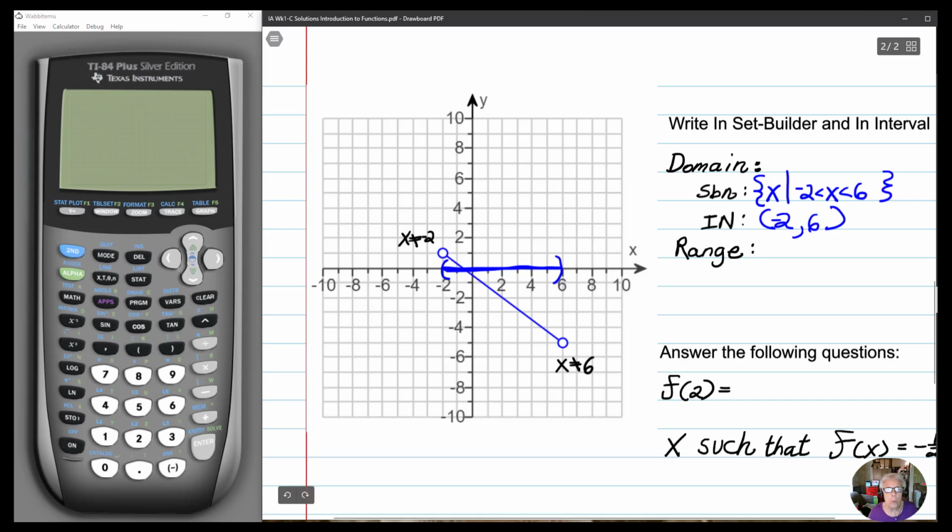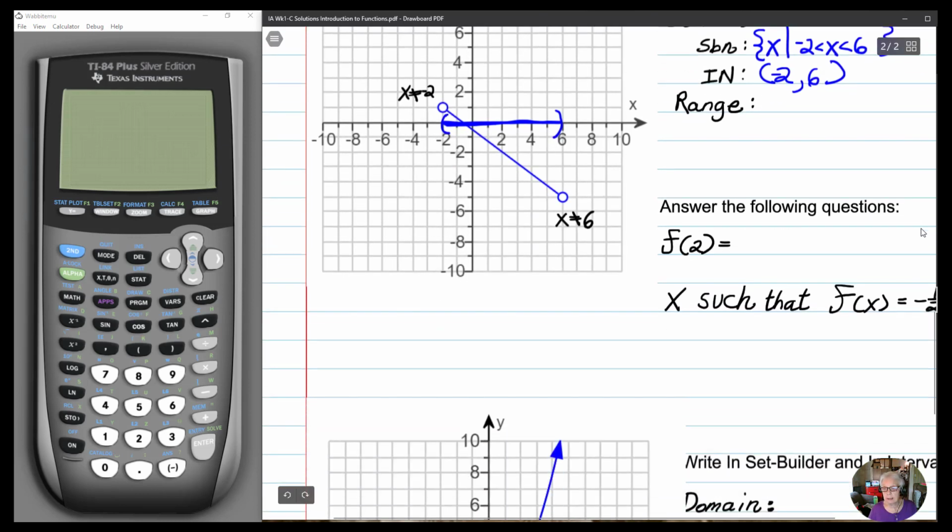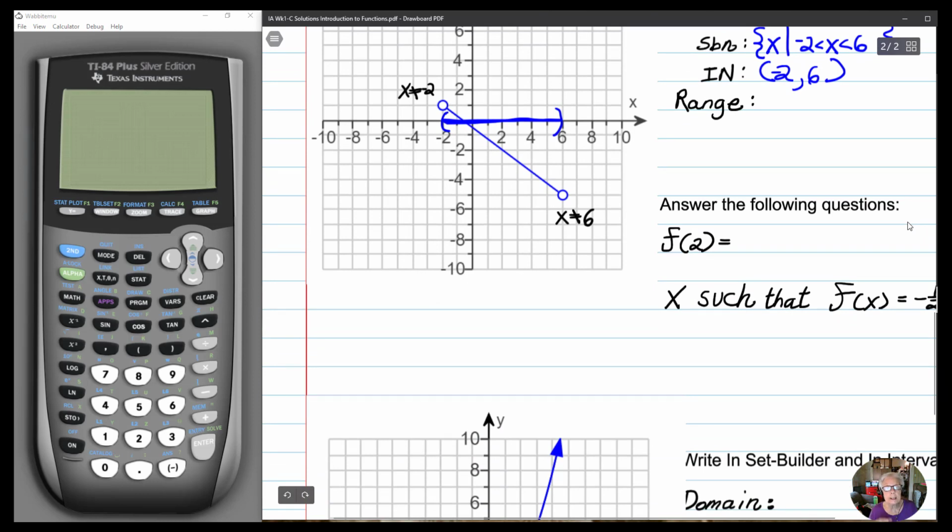The range is on the y-axis. The range is the collection of all the y-coordinates of all the points found on this line segment. So, I'm going to make that in red. What you do is you find the lowest point, and it's open. That means y cannot equal -5.